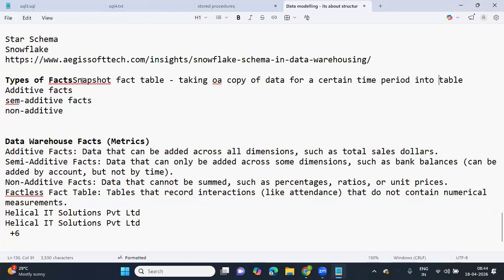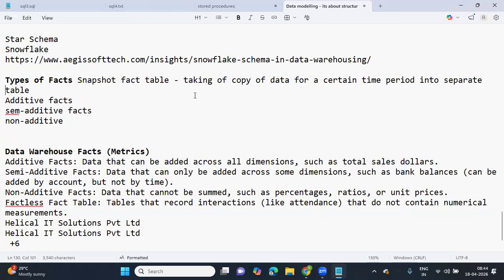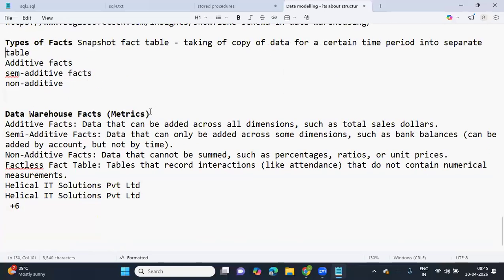Instead of giving the whole table and asking them to write queries on top of that, we will create a separate copy with all the filters and then give it to them. This is the snapshot fact table.